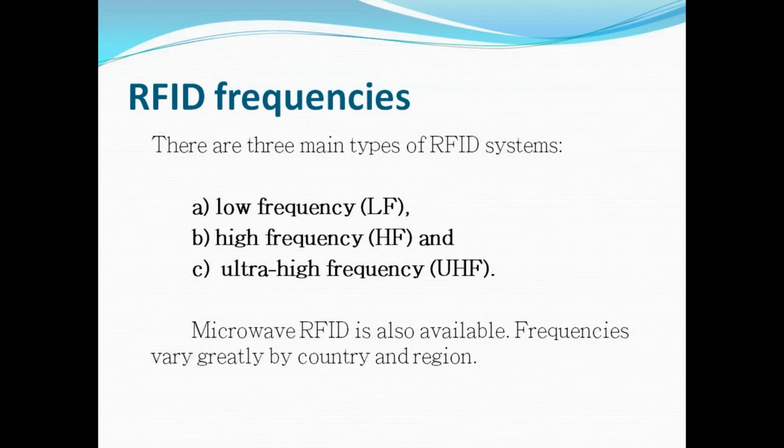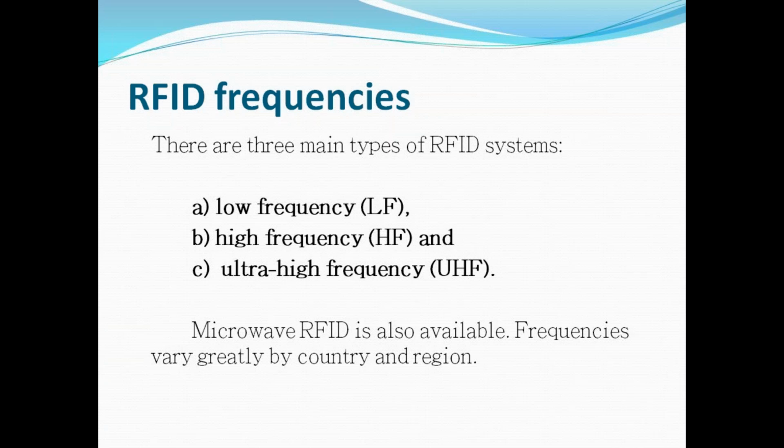And depending on the frequency, there are three main RFID frequencies, known as LF, HF, and UHF: low frequency, high frequency, and ultra high frequency. When we use different types of frequency, it represents how far it can communicate with the RFID reader or writer, and what the speed of data communication is.